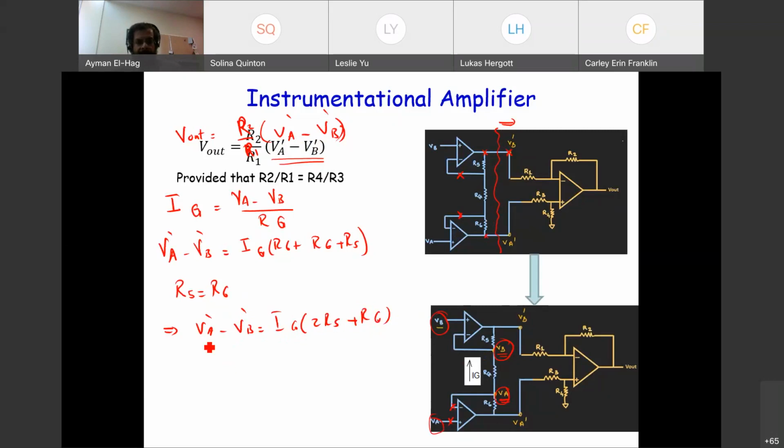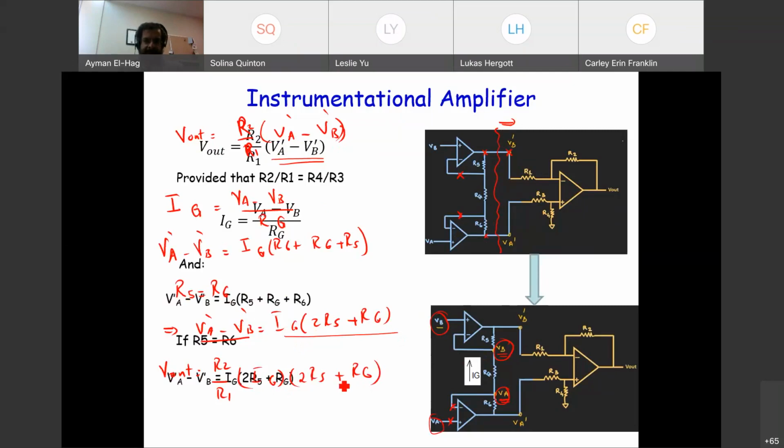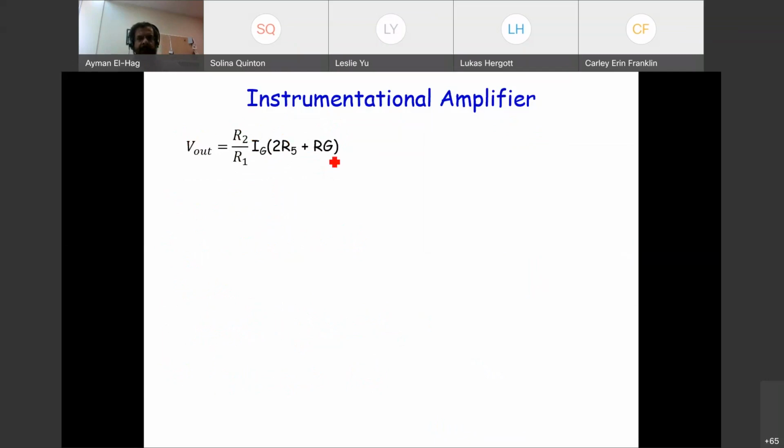Now, your output, V out, we said it's equal to R2 over R1 times VA prime minus VB prime, which is equal to IG times 2R5 plus RG. This is what we reach here: R2 over R1, IG times 2R5 plus RG.